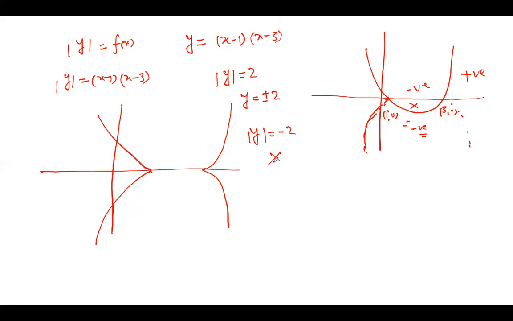Now, an application of this mod function is in the Signum function. The Signum function is defined as: if f(x) is greater than 0, the function will be 1. If f(x) equals 0, the function will be 0.